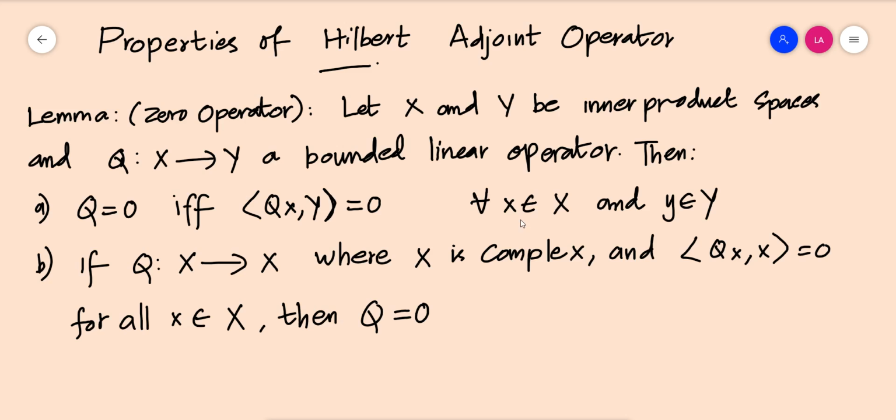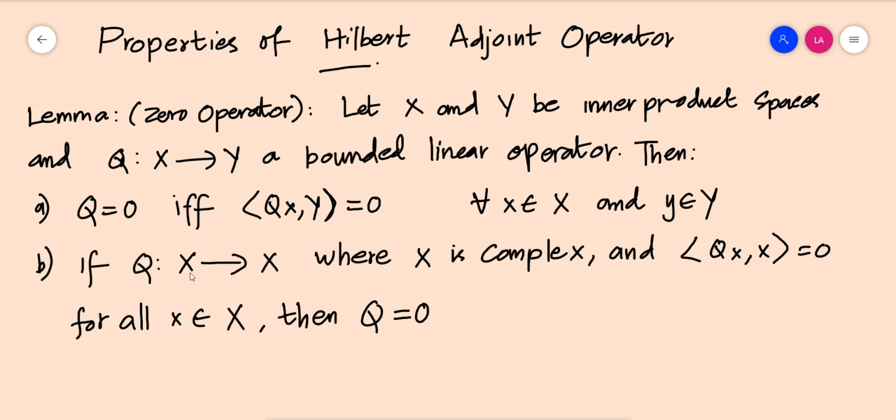And the second argument is: if <Qx, y> is equal to 0 for all x element of X and y element of Y, then the operator Q should be identically 0. So this is a necessary and sufficient condition for a bounded linear operator to be a zero operator.